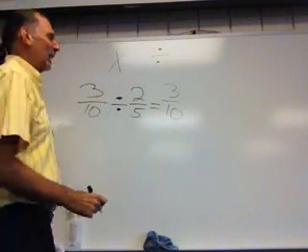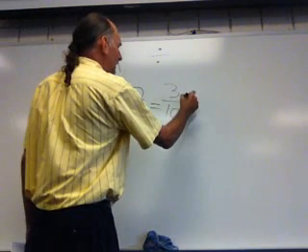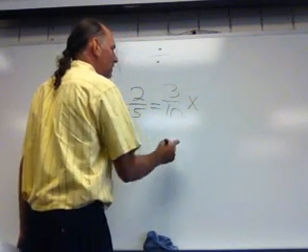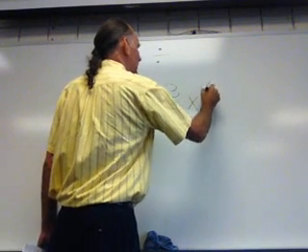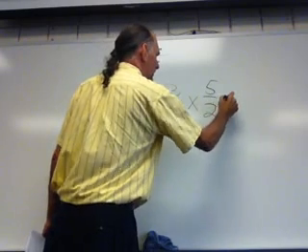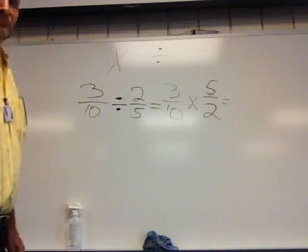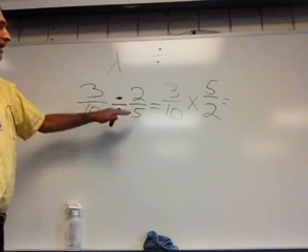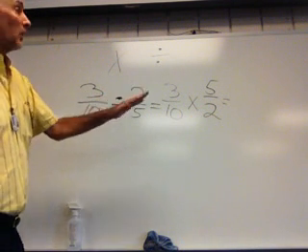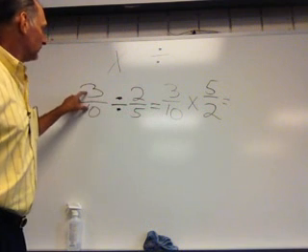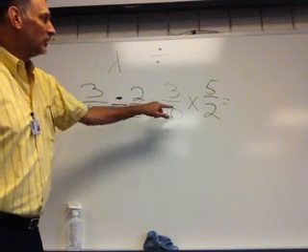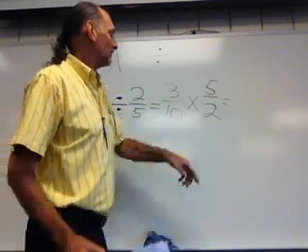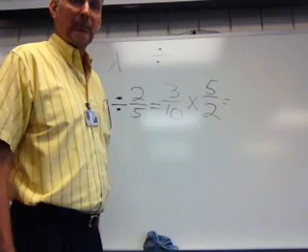You inverse and change the sign of the second. You go from a division to a multiplication, and you invert the second one. You with me? We started with 3/10 divided by 2/5. What we end up with is 3/10, change the sign to a multiplication, and invert the second one, 5/2. Now, all we have is a simple multiplication.